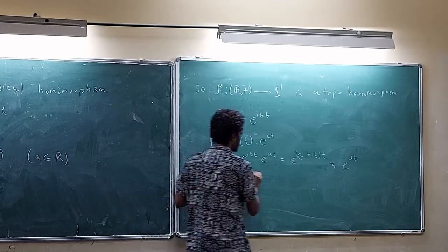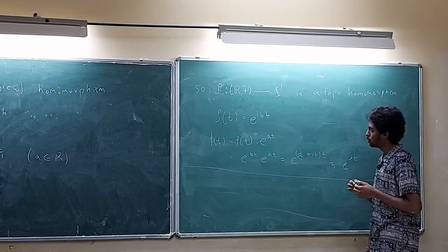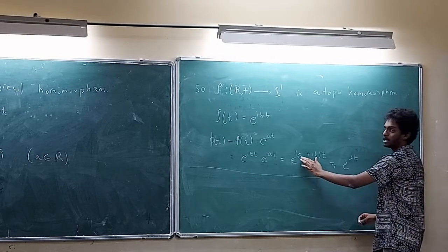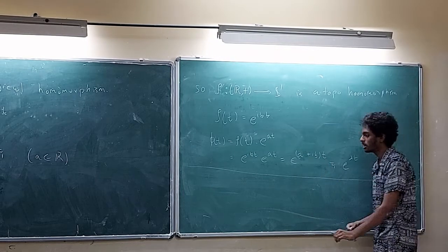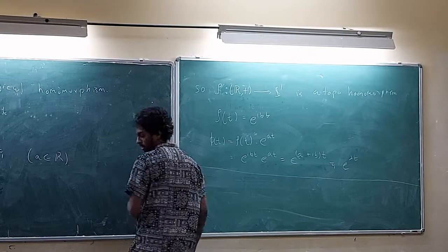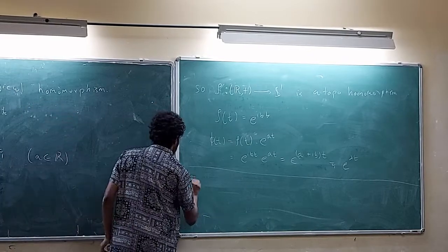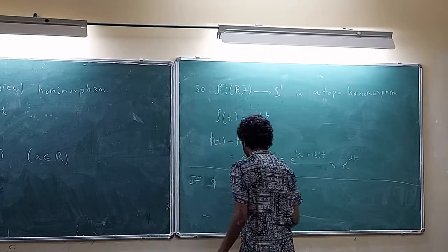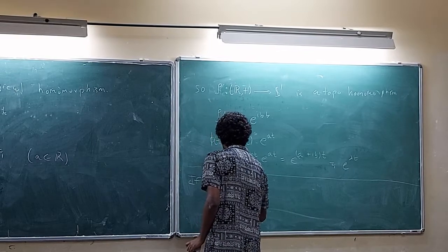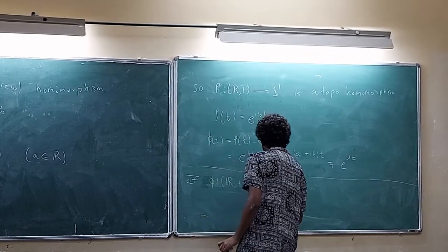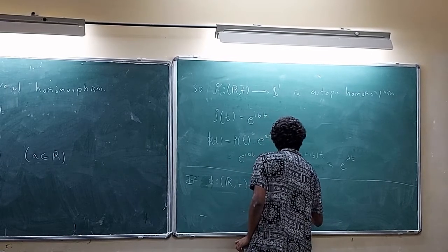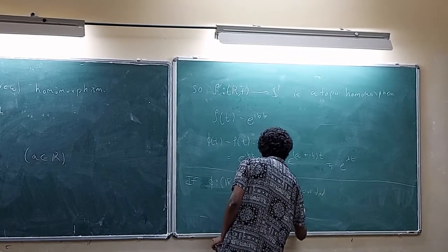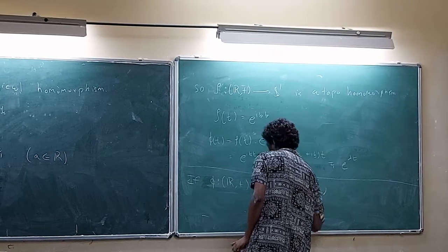And what is more interesting is that when you consider an important family of representations, that is to say bounded representations, the real part has to be 0. So if my representation phi from R plus to S1 is bounded, then the real part of lambda is equal to 0.